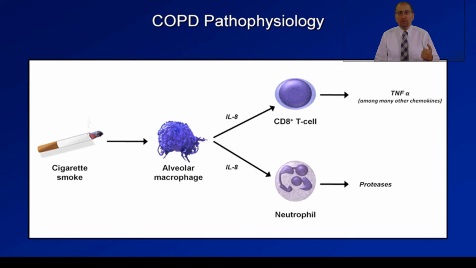Also, the interleukin will stimulate CD8, which is cytotoxic T cells. As the name implies, cytotoxic, it implies destruction, and it releases tumor necrosis factor alpha, which leads to destruction. So as you can see here, all are destructive cells and destructive chemicals, because the key word in the pathophysiology of COPD is destruction. The key word in the pathophysiology of asthma is allergy.